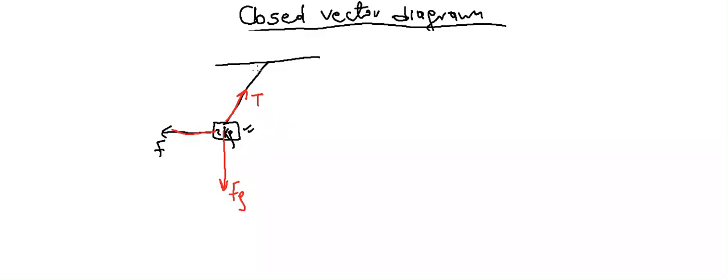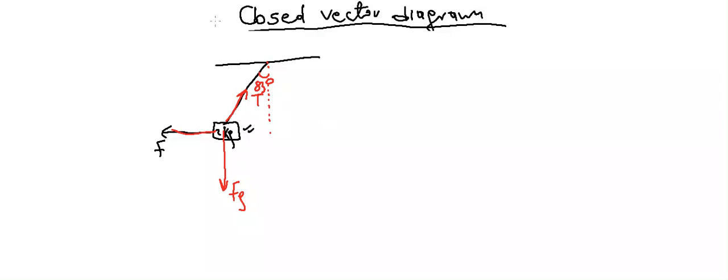Let's make it easy. Let's have the angle between the vertical line and the tension. Let's say the angle here is 83 degrees, for example.